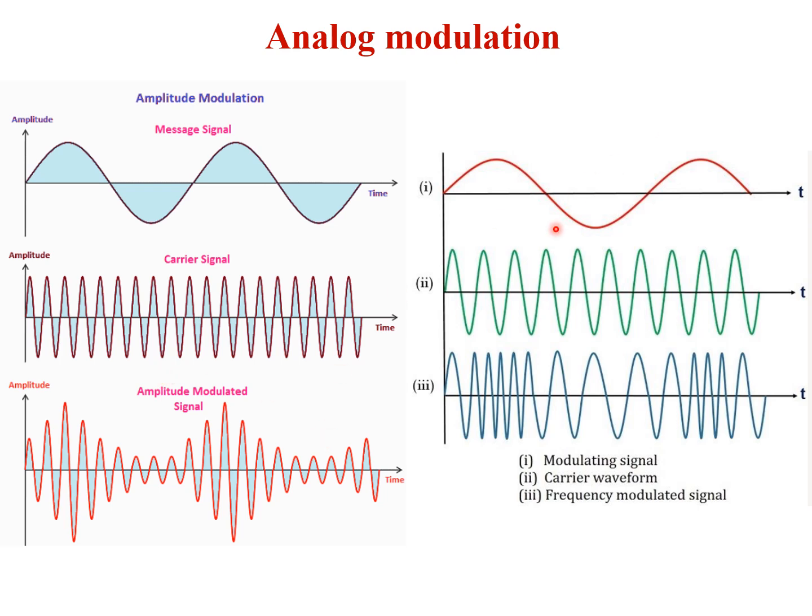Now let us see how the FM signal, or frequency modulated signal, is obtained. This is the message signal and this is the carrier signal. What is FM? The frequency of the carrier varies according to the instantaneous value of the message signal. As the amplitude increases, the frequency will increase. From here to here the frequency is increasing, then it starts decreasing, then increasing again.